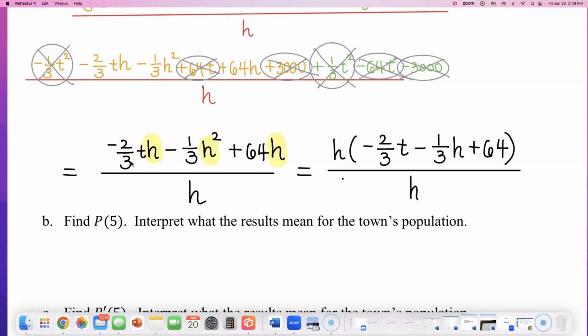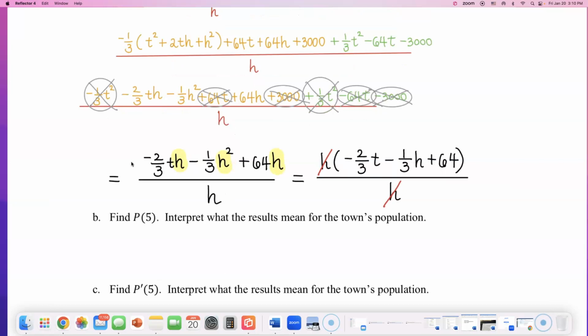And we can now cancel out that h that is on top and bottom. And now we have the simplified difference quotient. The whole thing turns into negative 2/3 t minus 1/3 h plus 64. That is what survived.